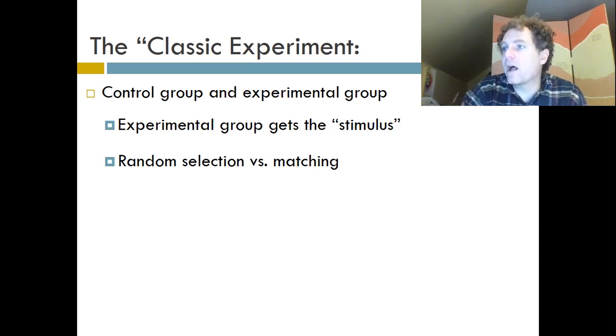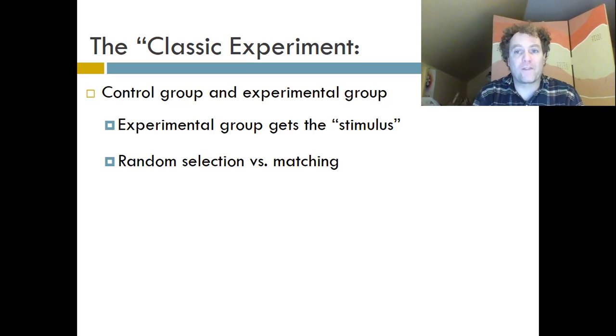And so one basic question is, well, how do you pick who gets into the control group and who gets into the experimental group? And this is a really important question. It's a little bit similar to sampling, but different. Essentially what you want to do is make your control group and your experimental group the same, or as similar as possible, right?